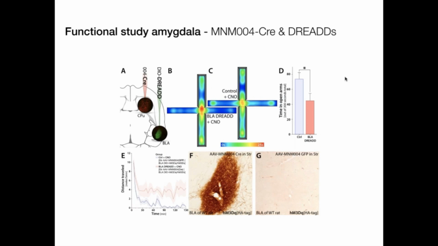In B and C, you can see the DREADD group to the left, and in C, the control group. And we can see that the control group spends much more time in the open arms than the DREADD group, suggesting that there is increased anxiety in these, and validated by staining in F and G of the receptor.